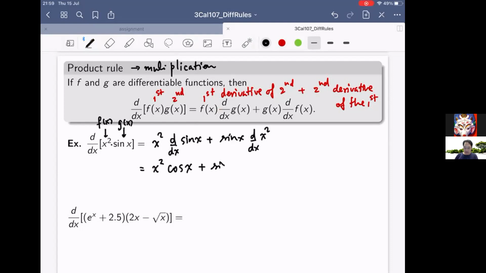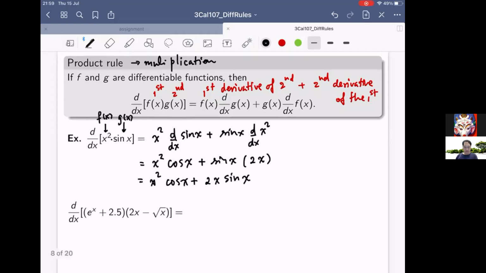Then you copy sine x, and the derivative of x squared becomes 2x. We usually write the 2x in front of the sine, so that you don't get confused.